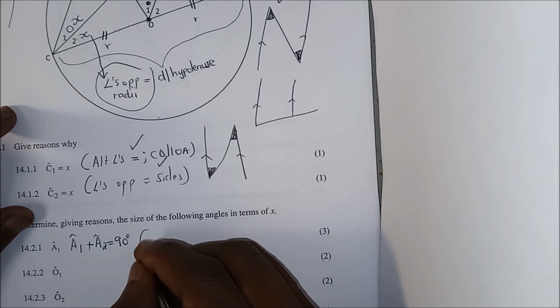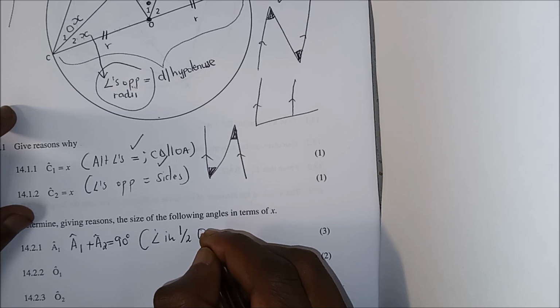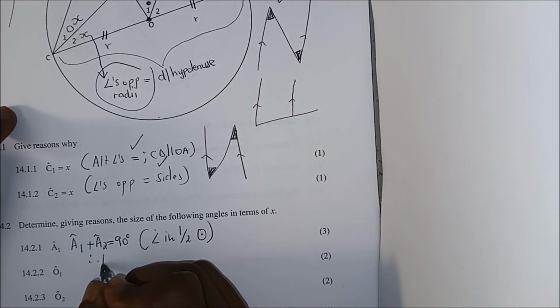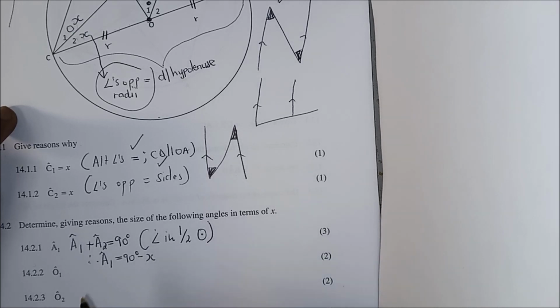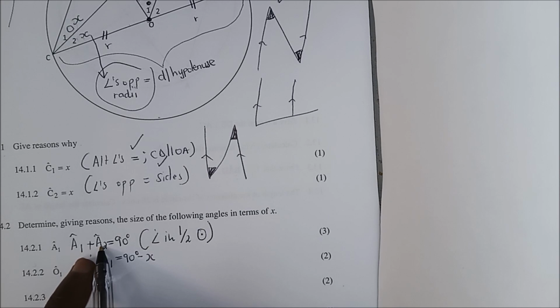Then what was the reason? It's angle in semicircle. So therefore A1 will be 90 degrees minus x. The reason we say 90 minus x is to remember that A2 is x. So if you transpose the x, you'll have 90 minus x.